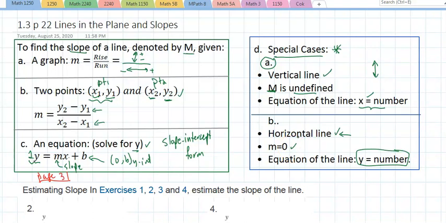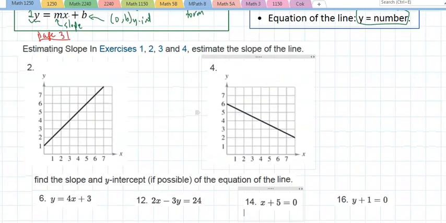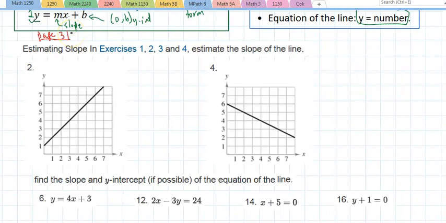So I'm going to start with the beginning, and I'll keep on reminding you of this. I'm looking at page 31 in our book, Estimate the Slope of the Line. They gave me a graph. So I need to pick 2 points on the graph and use rise over run. Let's see, 2 points.